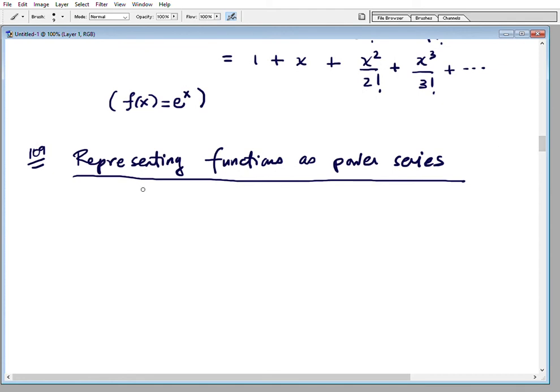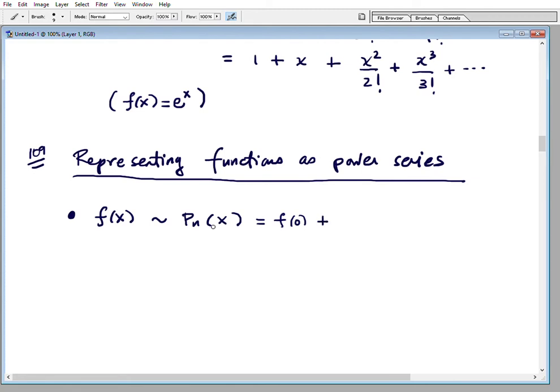So the first thing we did was we showed that sometimes we can approximate f of x by a polynomial. And the polynomial, let's say if we're doing it about 0, this is how we approximated f of x by a polynomial.